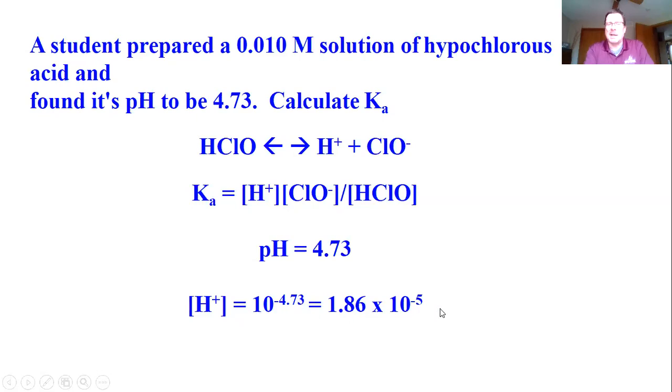So I plug it in and I get the molarity is 1.86 times 10 to the minus 5. That really is just pulling out what I know from this problem. Now notice we haven't used the initial molarity yet, but we at least converted the pH to hydrogen ion concentration, because looking at this formula, there's probably going to be a reason to use it.